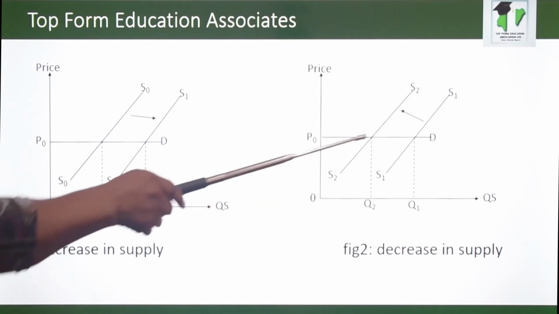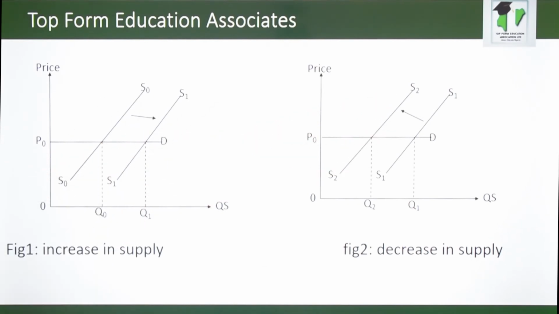Initially, the supply was S1. Now, because a decrease in supply depicts a contraction in supply, there's a shift of the supply curve inwards from S1 to S2, meaning there's a contraction.